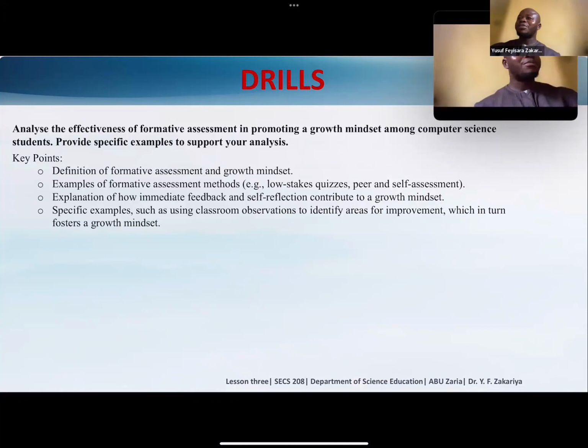When you analyze something, you write a lot about it. So you need to give specific examples, such as using classroom observations to identify areas for improvement, which in turn will foster a growth mindset.